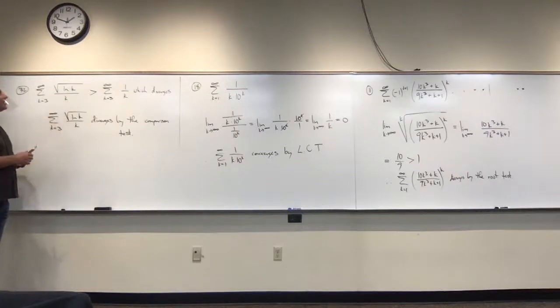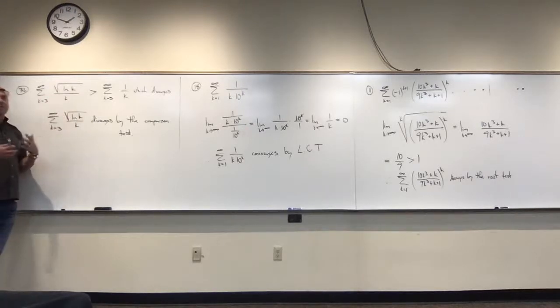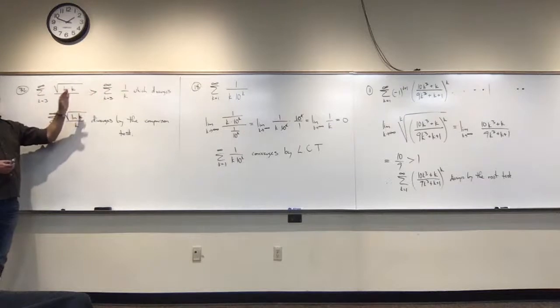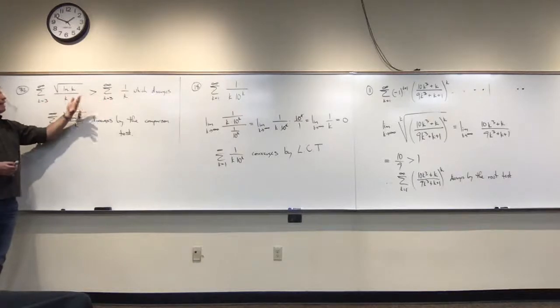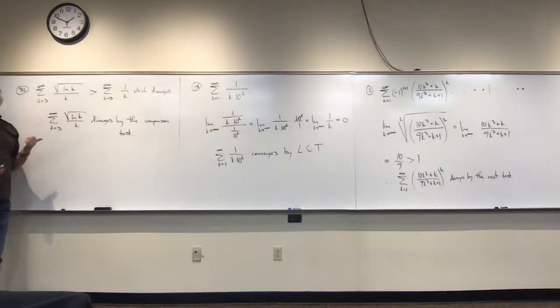Well, what I would say is, okay, forget the first few terms, right? And this is what you would kind of do, although they're nice enough not to make you do it. They would say, okay, the first few terms, this isn't true. But then afterwards, after k gets to 3, this is true. And so I don't really care. So this diverges. And if I add a couple extra terms onto it, it still does.